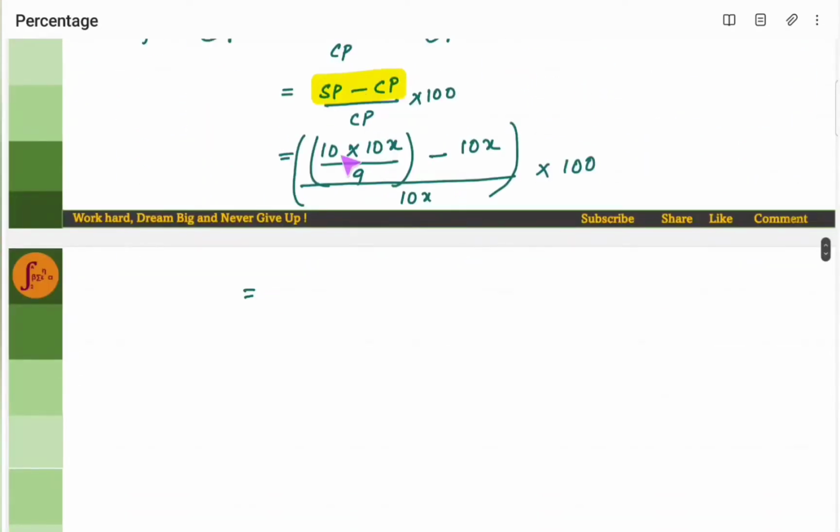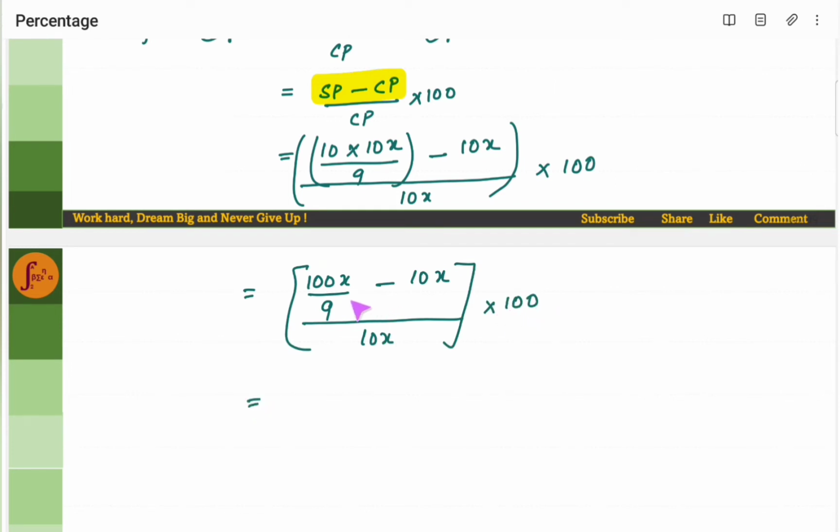Let's calculate. 10 into 10x is 100x by 9 minus 10x by 10x, the whole into 100. Now let's take LCM here. Right? There's nothing here, so we assume it's 1. So LCM between 9 and 1 is 9. Now this will go once. So it's going to be 100x.